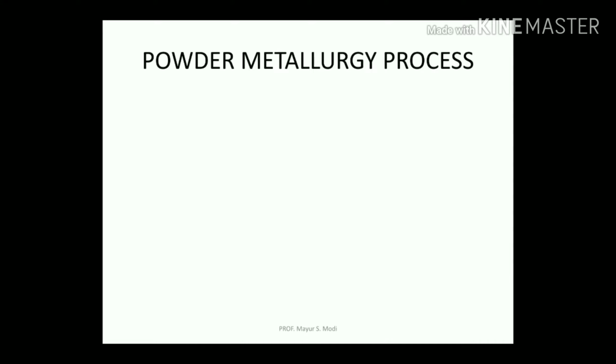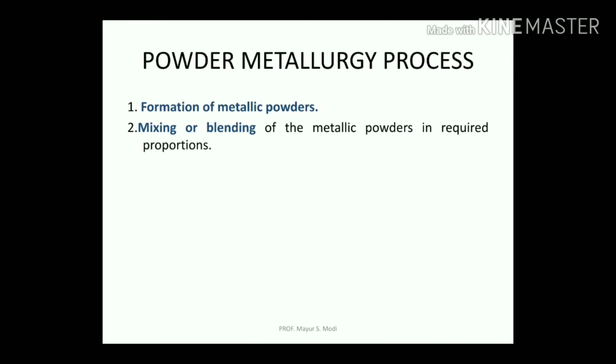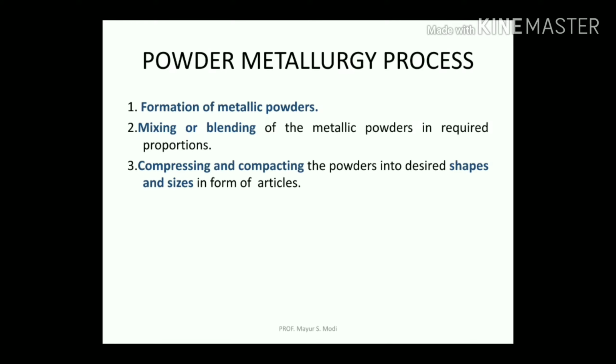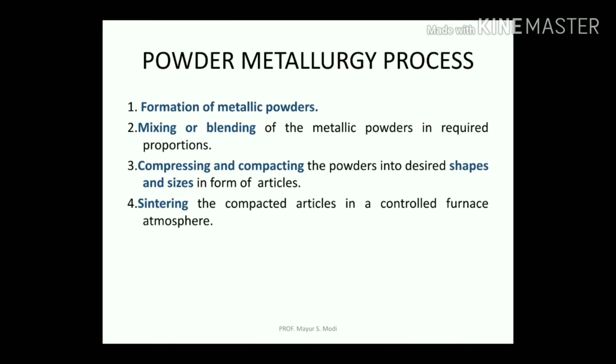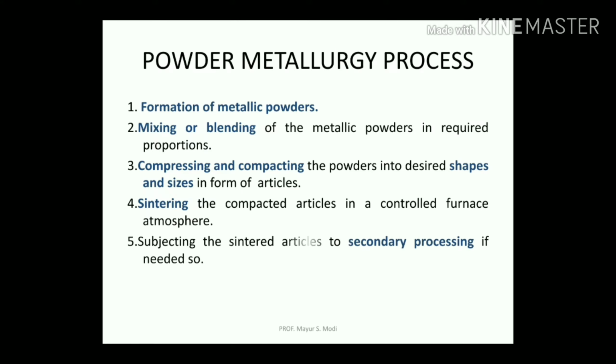Powder metallurgy processes: first, formation of metallic powders; mixing or blending of the metallic powders in required proportions; compressing and compacting of the powders into the desired shapes and sizes in the form of articles; sintering the compacted articles in a controlled furnace atmosphere; and subjecting the sintered articles to secondary processing if needed.